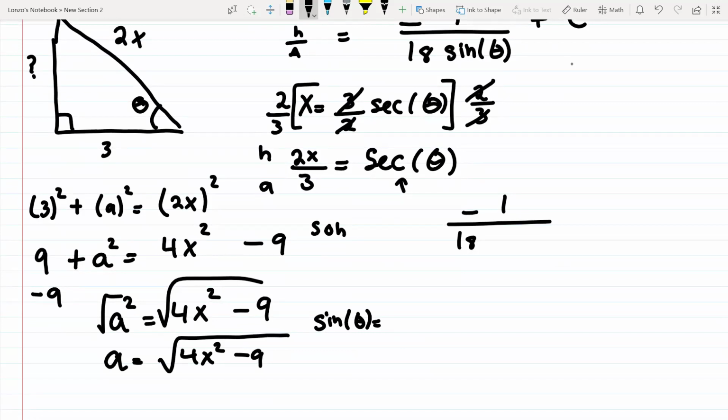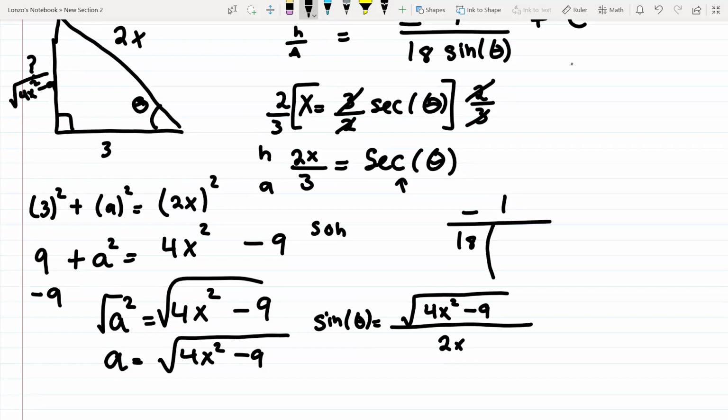The opposite side, which we said was the square root of 4x squared minus 9, over the hypotenuse, which is 2x. It's a little bit confusing because we're going to get a complex fraction. So it's going to be 18 times sine theta, which is this whole thing.